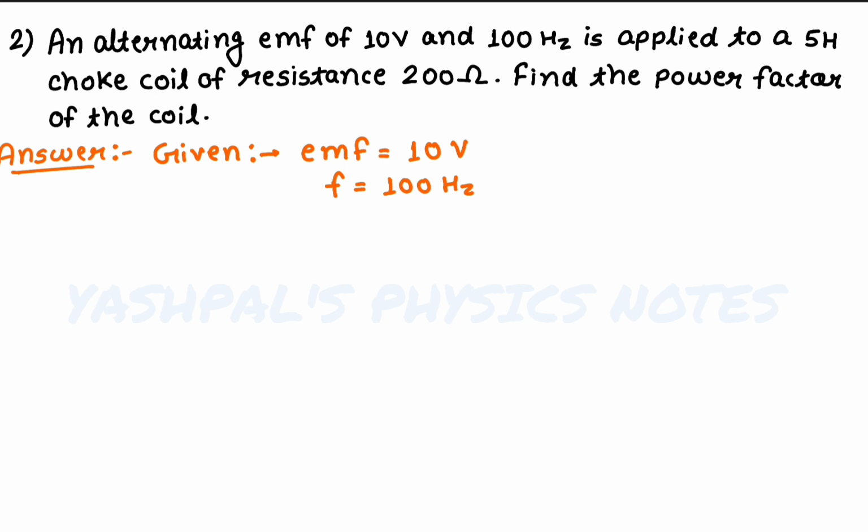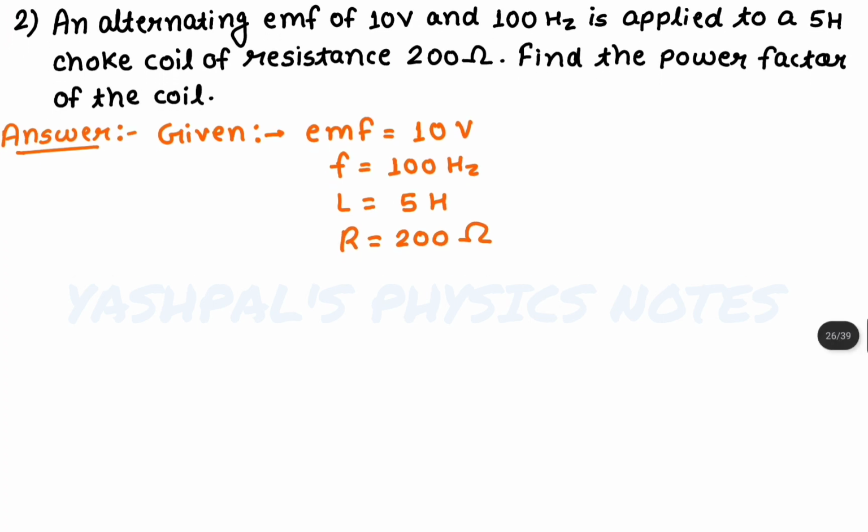Then it is applied to a 5 Henry choke coil, which means that inductance is given as 5 Henry. Remember that Henry is the SI unit of inductance. Then resistance of 200 ohm, that is the value of resistance is 200 ohm. So this was our given data.